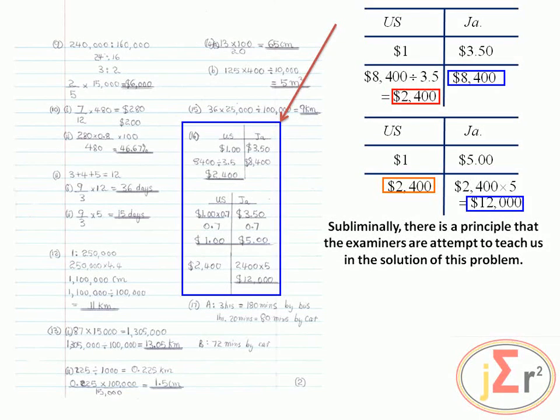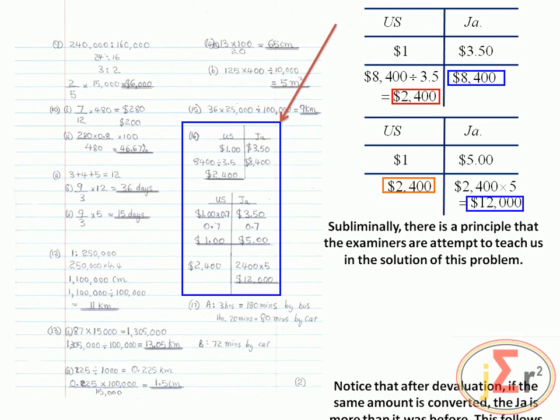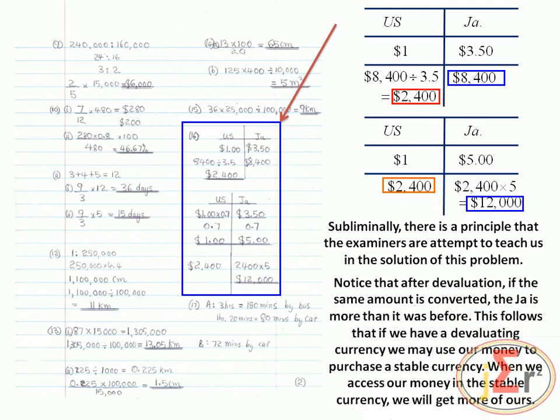Subliminally, there is a principle that the examiners are attempting to teach us in the solution of this problem. So there is a great lesson that we can learn. Notice that after devaluation, if the same amount is converted, the Jamaican is more than it was before.